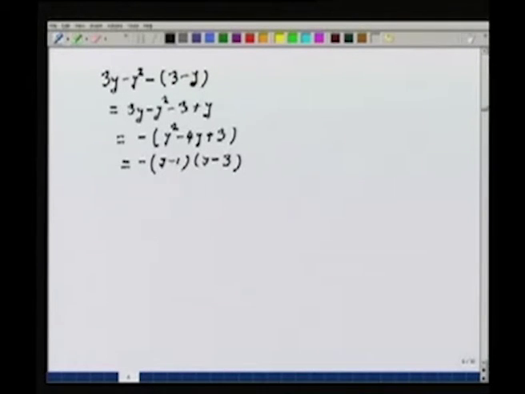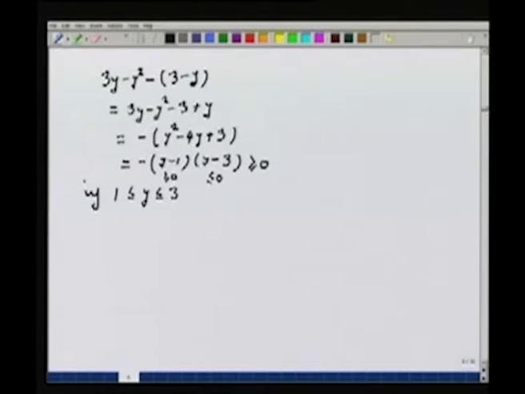Now the question is where does y lie? If y lies between 1 and 3, then y minus 1 is non-negative, bigger than or equal to 0, but y minus 3 is less than or equal to 0, but there is already a minus sign there, so the whole quantity is bigger than or equal to 0.